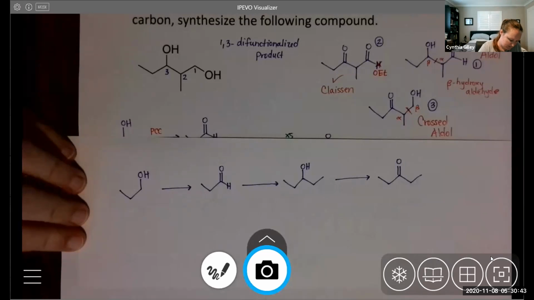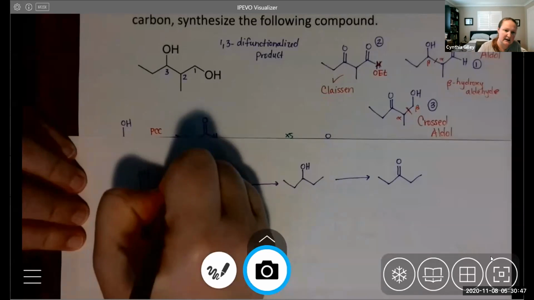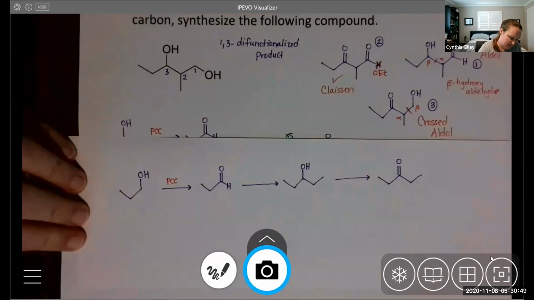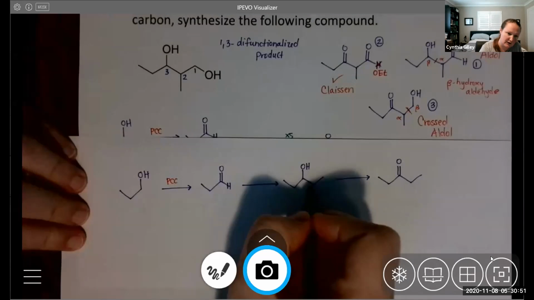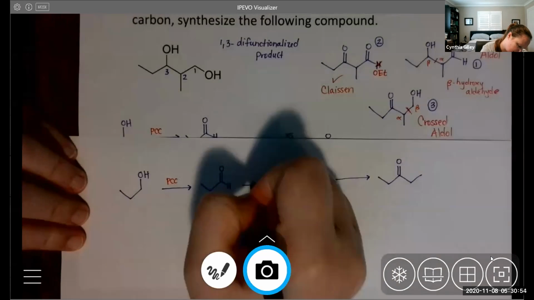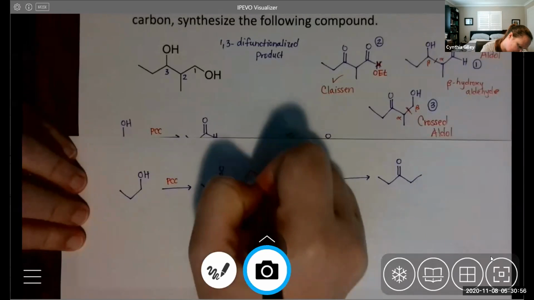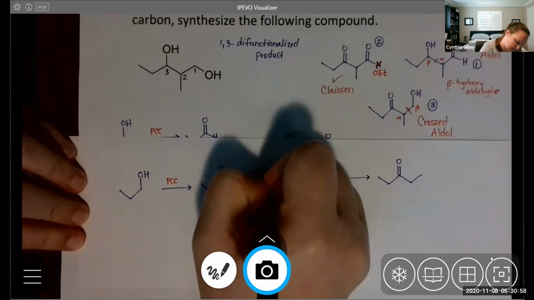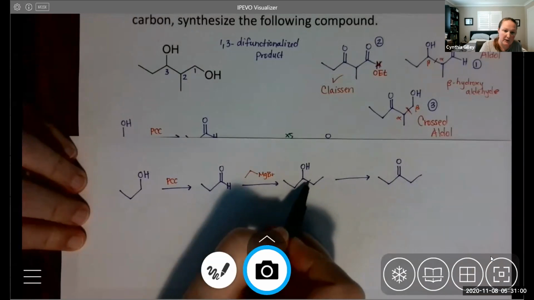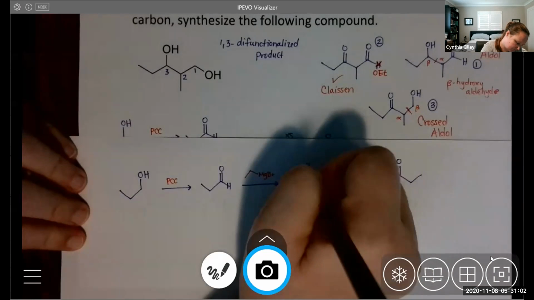To oxidize a primary alcohol to an aldehyde, we'll use PCC. Then we will introduce an ethyl Grignard. So we're going to use ethyl bromide in order to make this carbon-carbon bond.